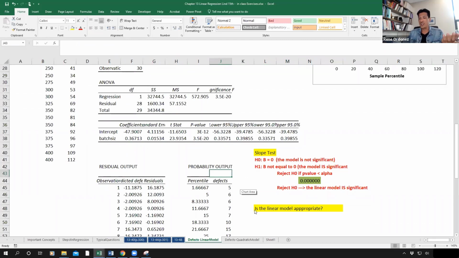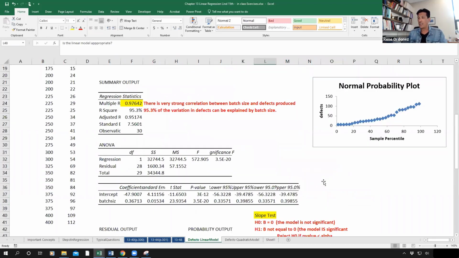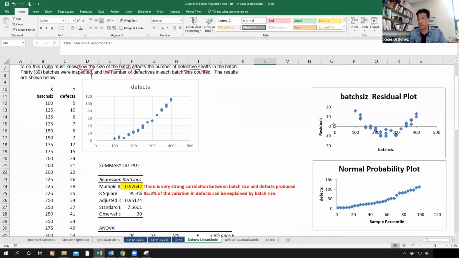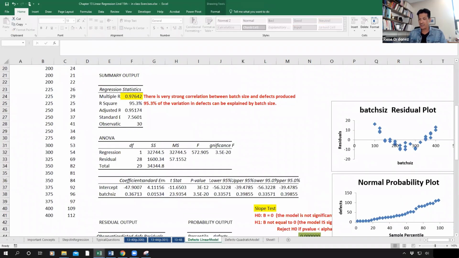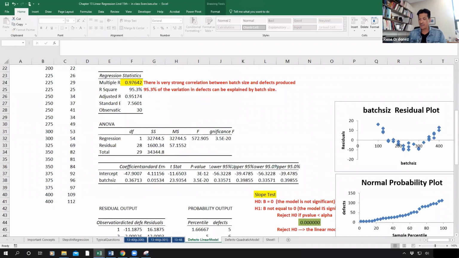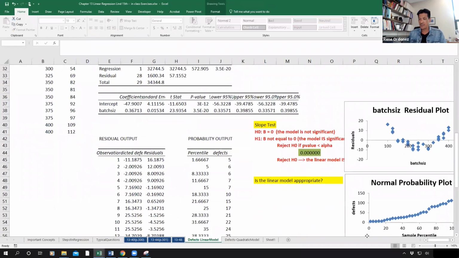To answer this question, we'll use the residual plots. Let me copy this and move them down over closer to the plots.